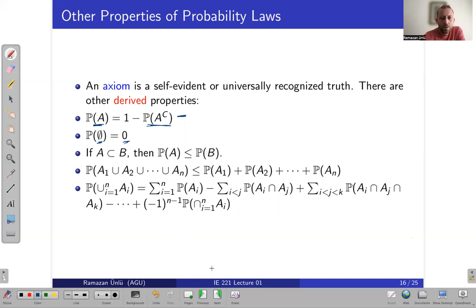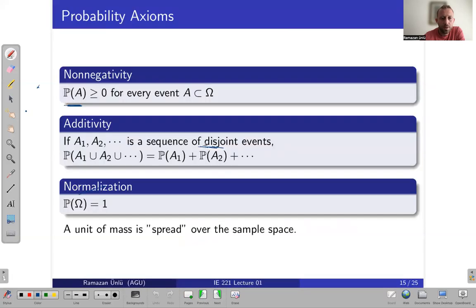And also I can use these axioms here. And I know that until here, this is the omega and this is the 1. So 1 plus the probability of the empty set is equal to 1, so the probability of the empty set should be 0.